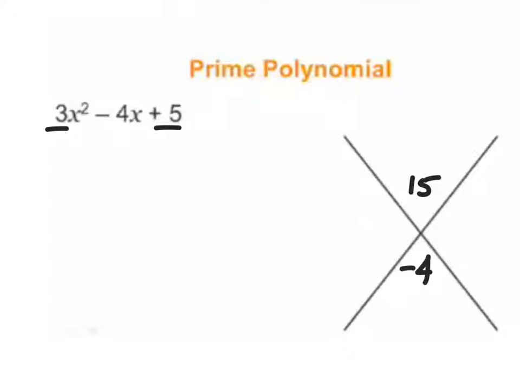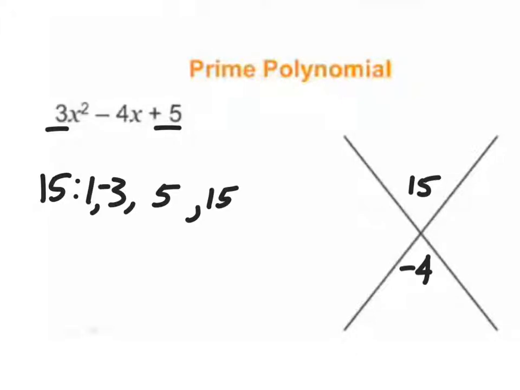The question is, what two numbers multiply to 15 yet add to negative 4? Those two numbers would have to be negative. Take the factors of 15: you've got 1 and 15, and you've got 3 and 5.